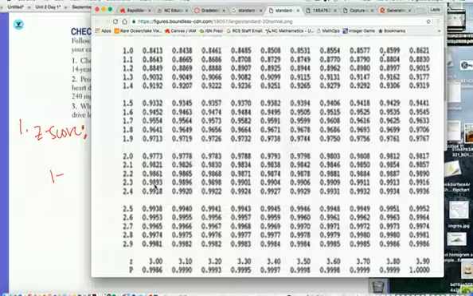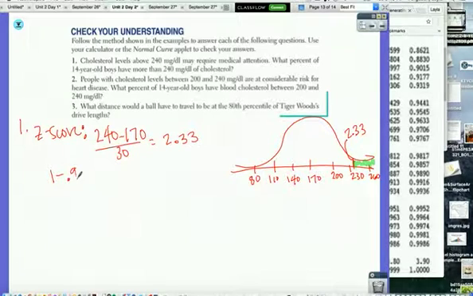So that would be 2.30, 2.31, 2.32, and 2.33. And so we would subtract 0.9901 from 1. And when we do that, we get 0.0099.